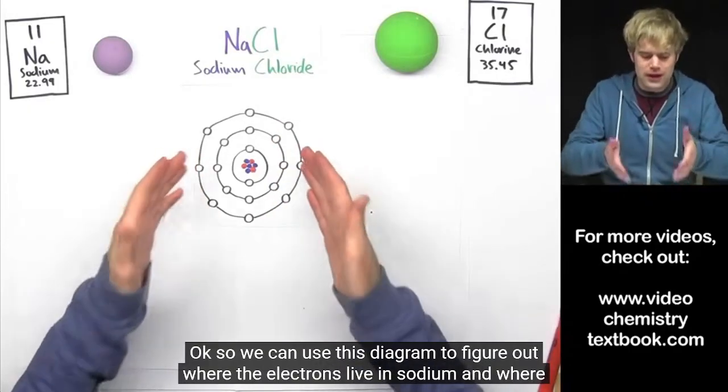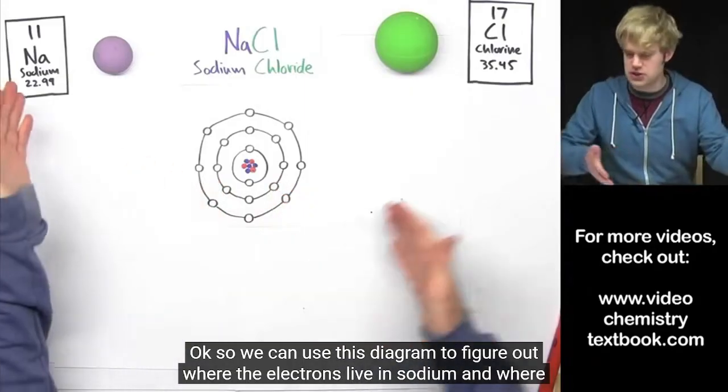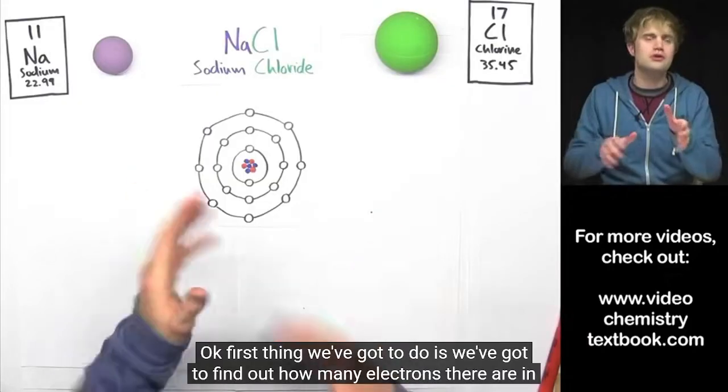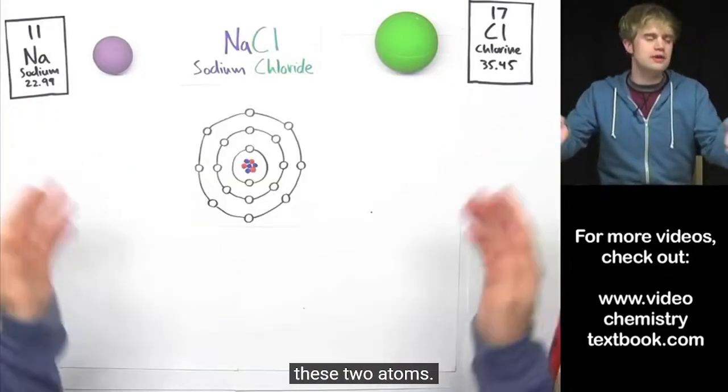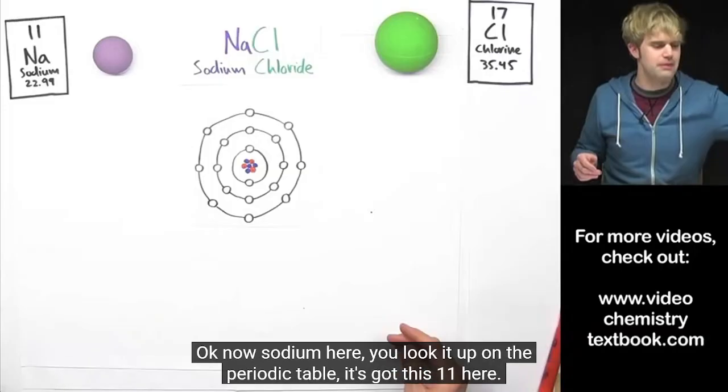Okay? So we can use this diagram to figure out where the electrons live in sodium and where they live in chlorine. First thing we've got to do is find out how many electrons there are in these two atoms. Do you remember how to do that? How many electrons are in a sodium atom? The atomic number, yes.